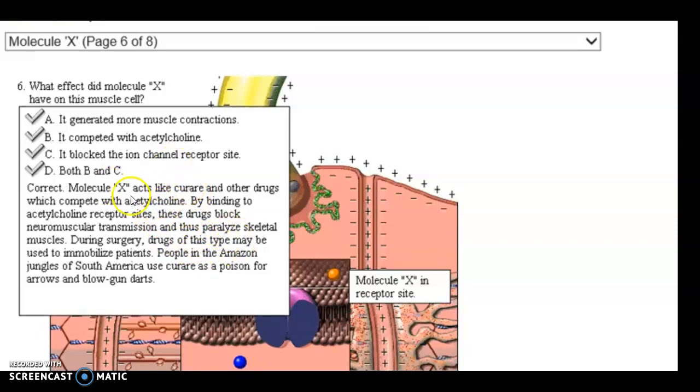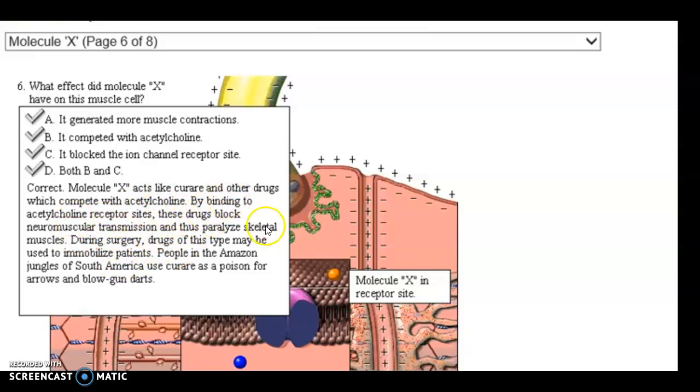And this can either be bad, like curare, which in the Amazon is used for the poison in blowgun darts to paralyze animals, but it could also be used as a medicine or drug to paralyze skeletal muscles during surgery to immobilize patients so their muscles aren't moving around.